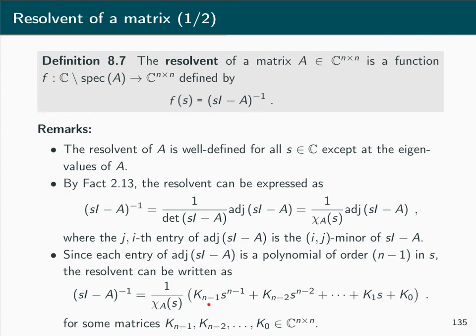So K_{n-1} multiplies s to the n minus 1, K_{n-2} multiplies s to the n minus 2, and so on, up to K_1 multiplying s and K_0 multiplying s to the 0.